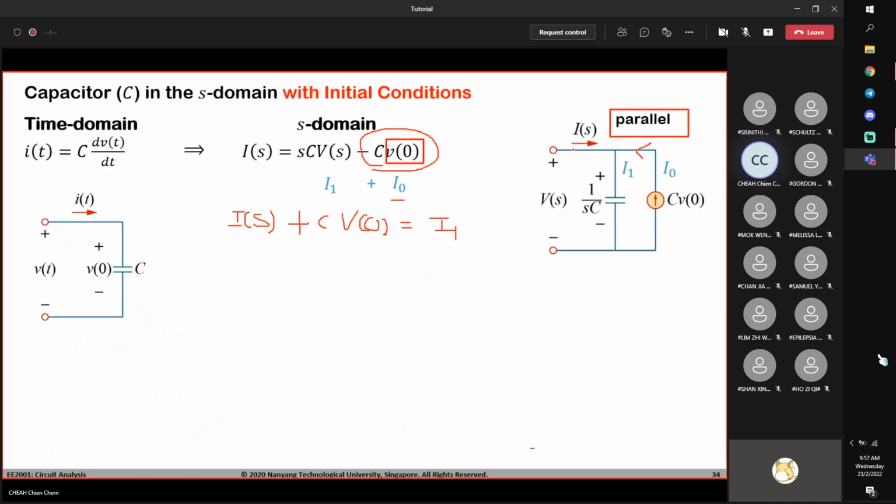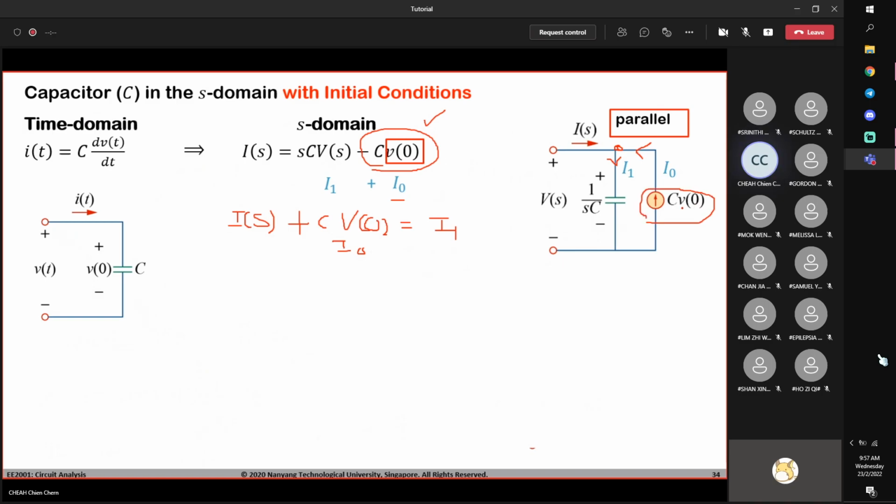So this inflow plus I0 is equal to my outflow I1. So this direction should be flowing towards the node. Inflow equal to outflow.